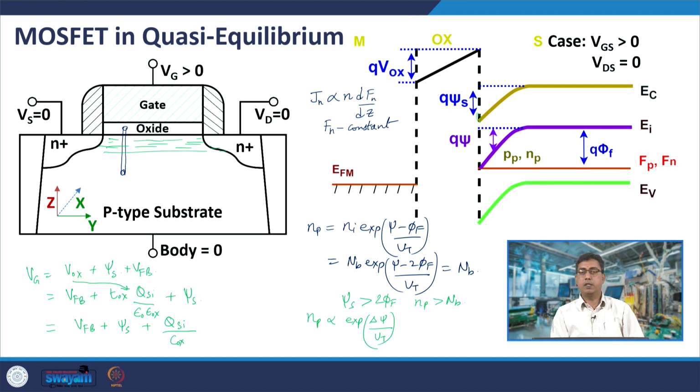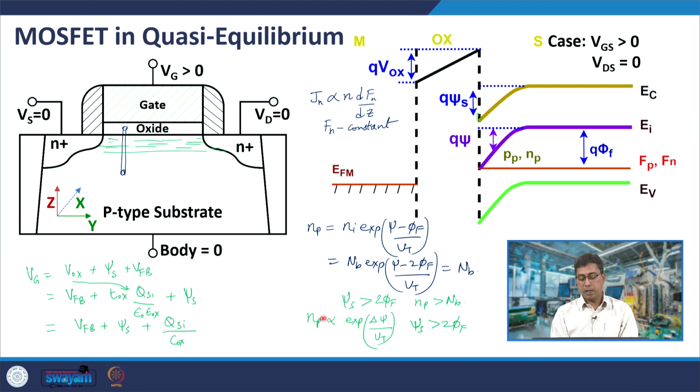So, Cox is the oxide capacitance per unit area. Now, as you increase chi s to more than 2 phi f, suppose chi s is greater than 2 phi f, then you keep on exponentially increasing, as you can see here, because this is the expression now.